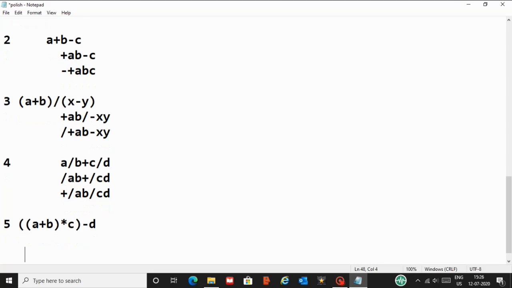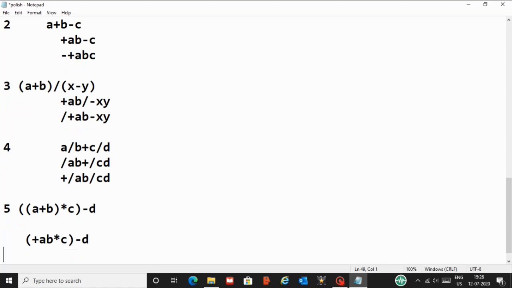So, I will start here. A plus B has to be evaluated first because it is in the bracket. If there was no bracket, I would do star first. Getting it? So, it will be plus A, B star C minus D. I am writing stepwise.